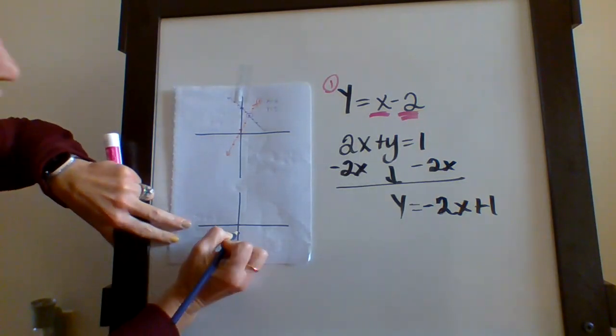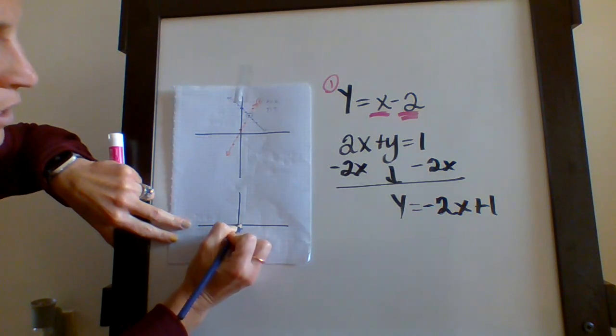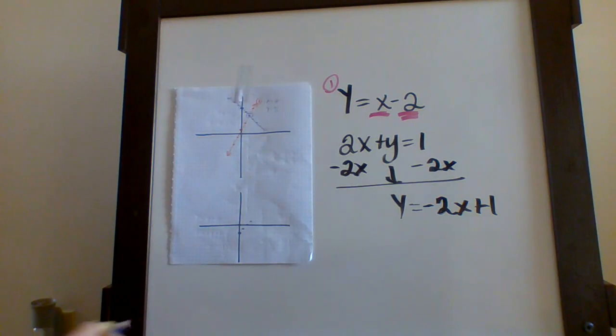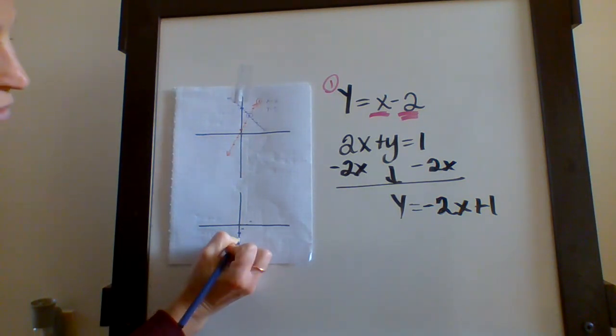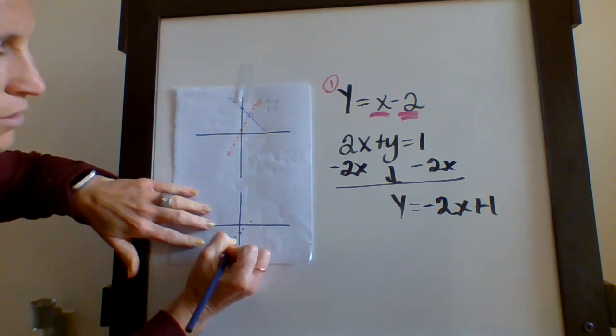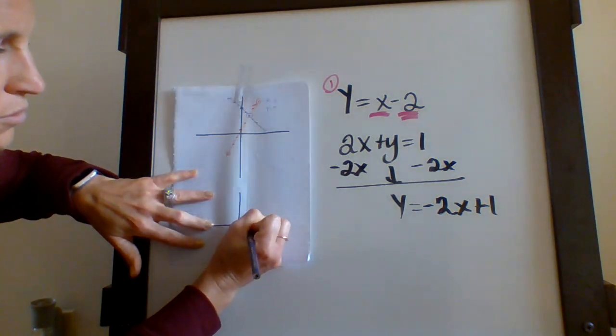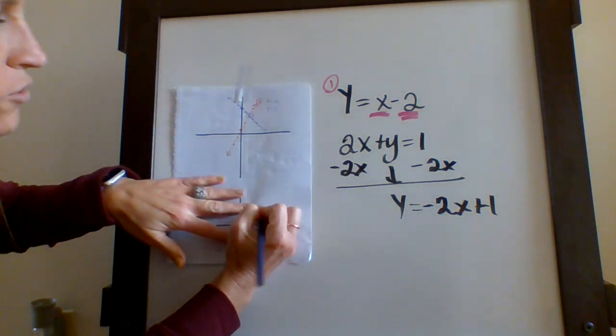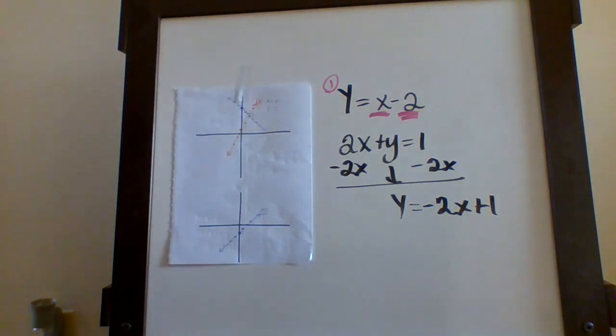So from here, I'm going to go up 1 to the right 1, up 1 to the right 1. And you can keep doing that as often as you need. If you want some points over here, you go down 1 to the left. And then you make your line. And I'm going to put a 1 just so that we know that that's the equation that I just graphed.